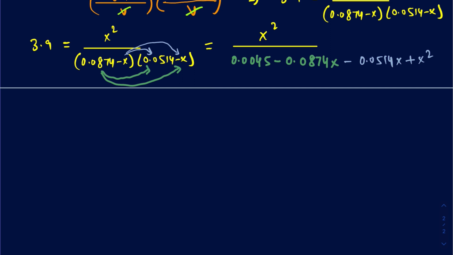I'm just going to copy everything down so we still have 3.9 here. X squared still on the top. To make this a little bit more simple, we're going to be adding these two terms together because they are the same terms.